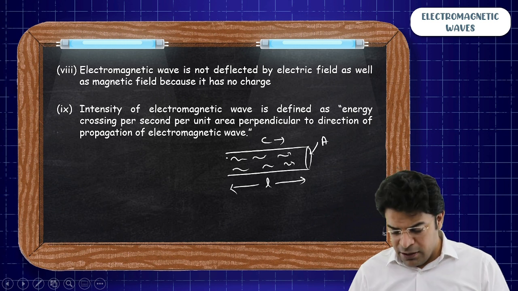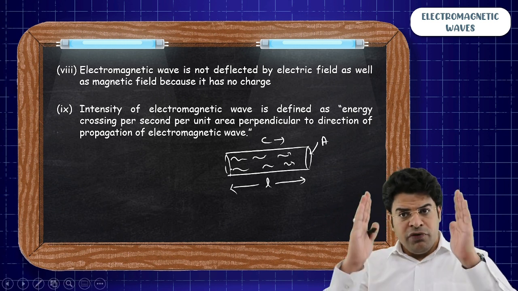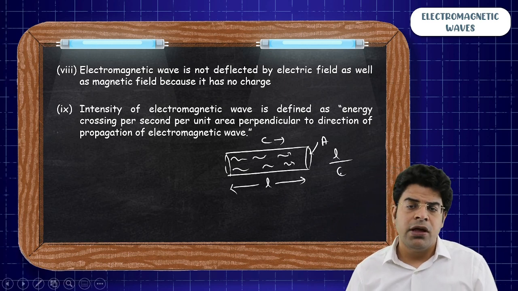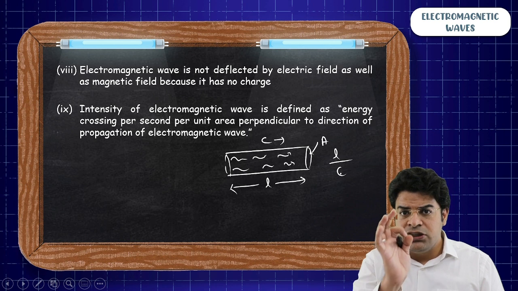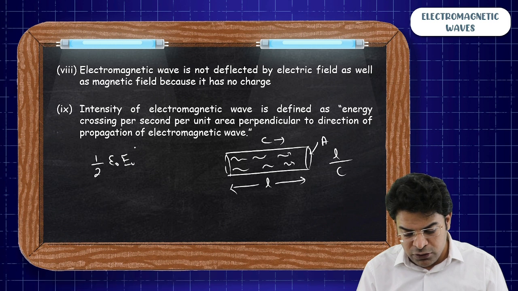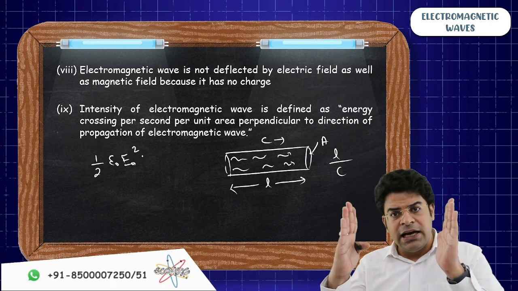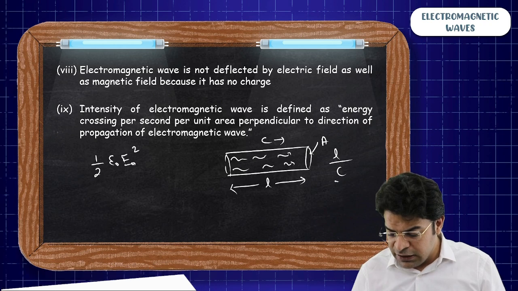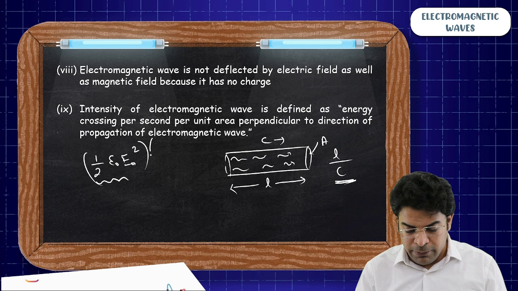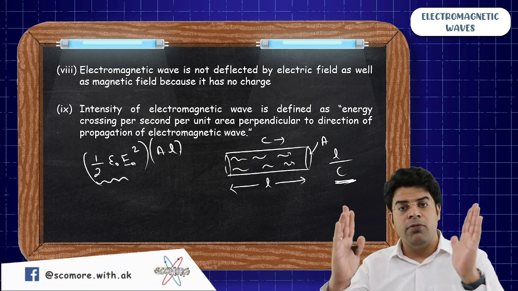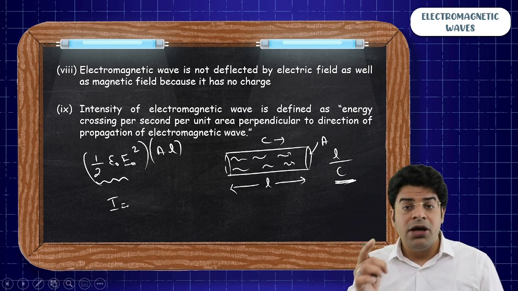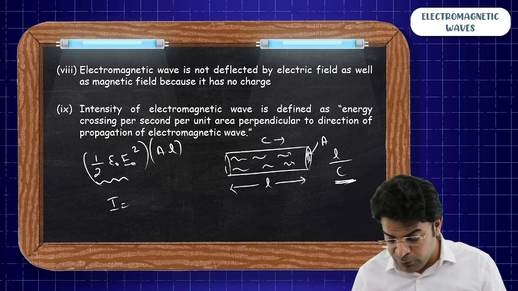So the time taken by all the EM wave within this region to hit the surface will be equal to L by C. We know that the energy stored per unit volume, energy density, is half epsilon naught E peak whole square. So the total energy that will hit this area in a time L by C will be nothing but the energy density multiplied by the volume, which is A into L, the volume of the cylinder. So you will say that the intensity is nothing but energy incident per unit area per unit time on this surface.